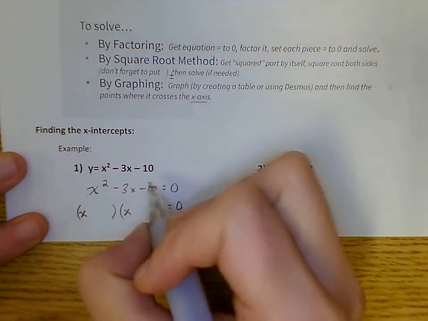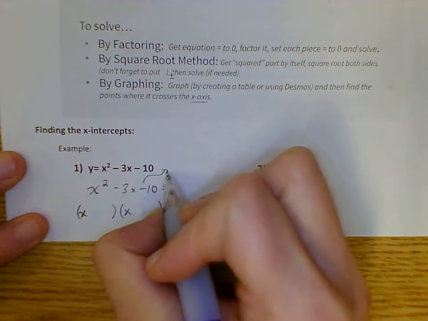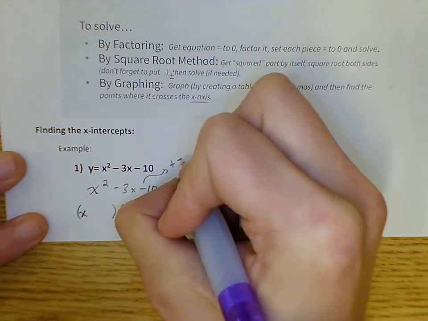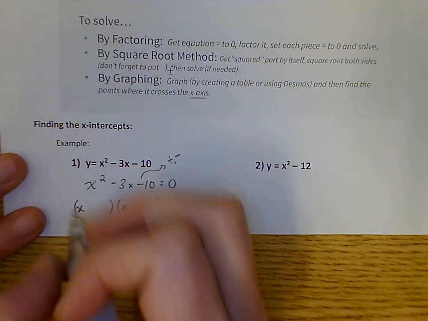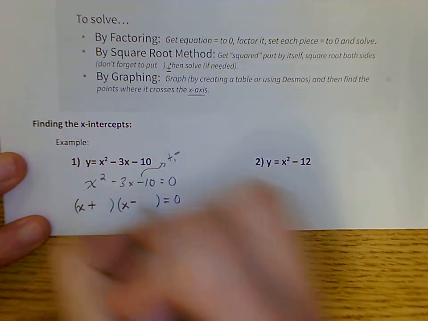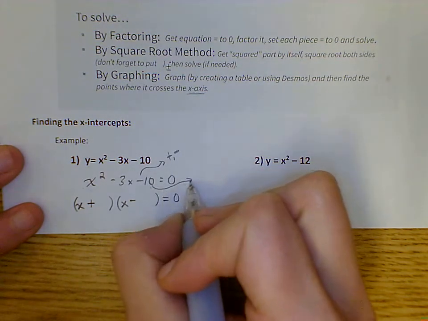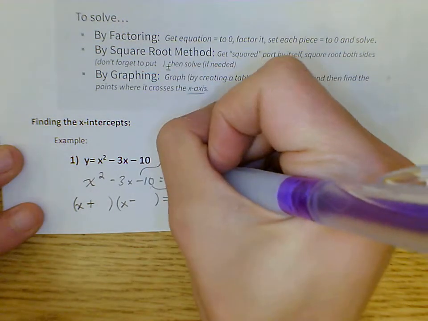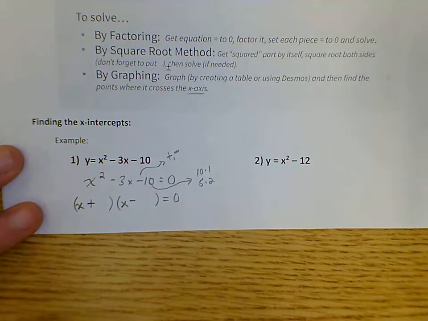And then, remember, you look at the signs, so that last sign tells you what's going to happen. And so if it's a negative, that means automatically that you're going to have a plus in one and a minus in the other. And for these problems, you can go ahead and put it because it's not going to really make a difference. And then, remember, you go to the side and you list what multiplies to give you that. So we got 10 and 1, we've got 5 and 2, and that's it.